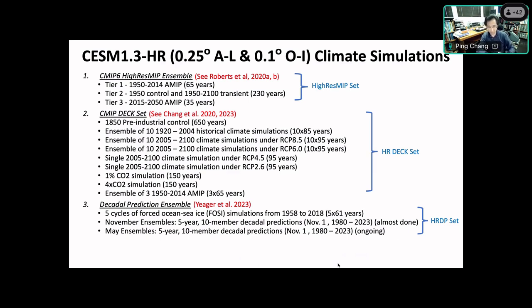The November set is almost done. A few more predictions need to be done. And we've just started with the May initialized set so far. So that's a very big, very expensive simulation set.